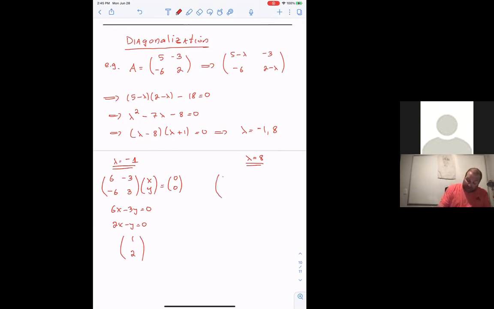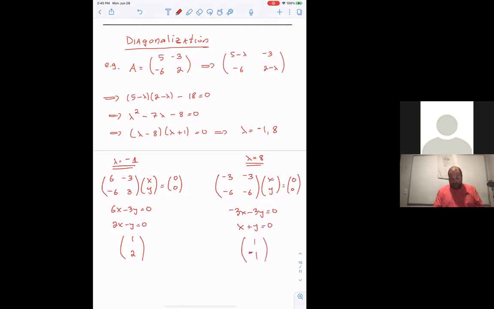And at 8, we get 5 minus 8, negative 3, negative 3, negative 6, negative 6, acting on x, y is equal to 0, 0. Negative 3x minus 3y is equal to 0. x plus y is equal to 0. So that gives me 1, negative 1. So I have my two eigenvalues and I have my two eigenvectors.